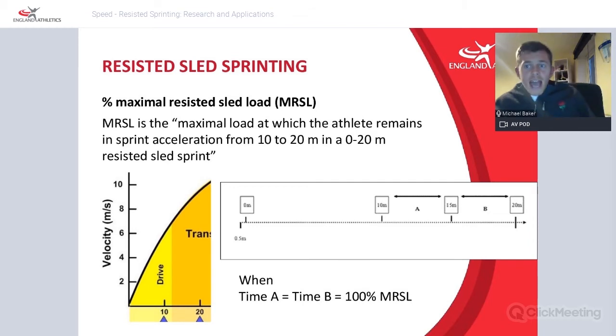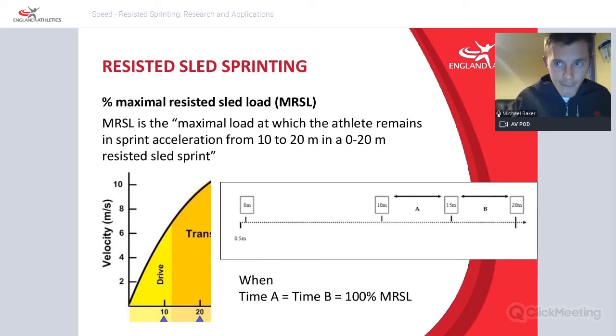You set an athlete with a load and you ask them to sprint out over 20 meters. You'll then need the capacity to time their splits between 10 and 15 meters and 15 and 20 meters. And when the time between 10 and 15 is the same as it is between 15 and 20, that would be deemed their 100% of MRSL.